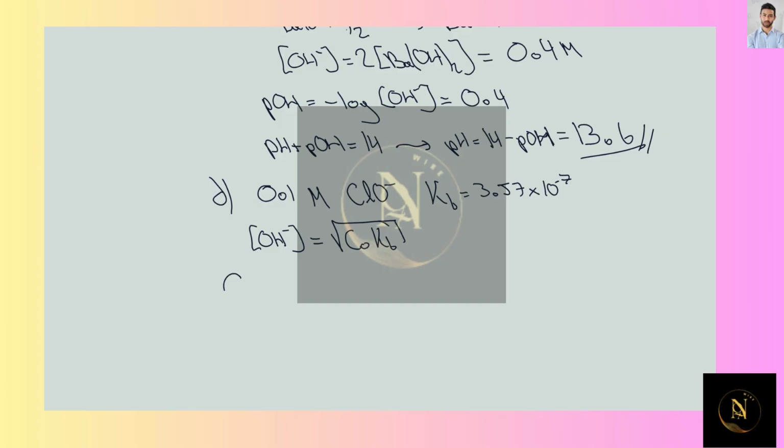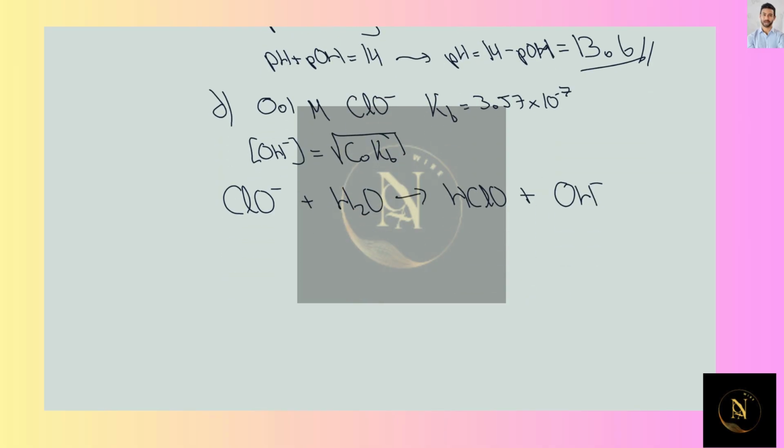So the reaction that is going to occur is the following: ClO minus plus water is going to generate HClO plus OH minus.